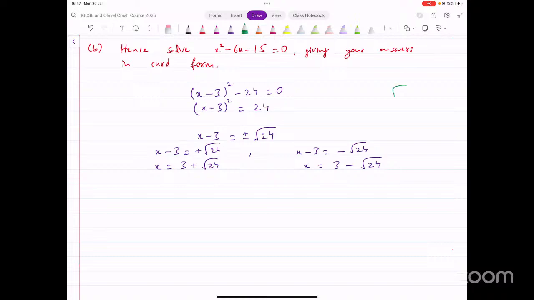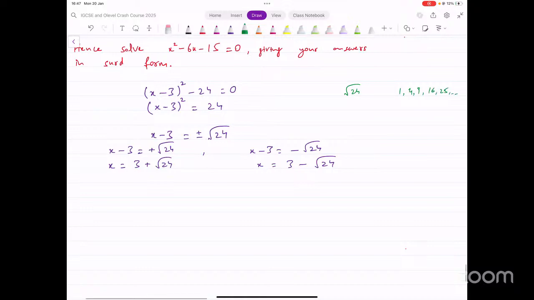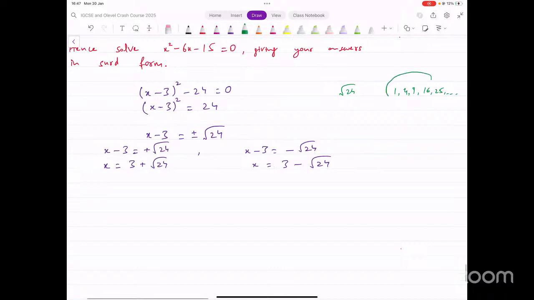Square root of 24, what you do is you think of all the perfect squares that you know. 1, 4, 9, 16, 25, and so on. What's the largest number that you see here that's a factor of 24? If there is any. In this case, 4 is a factor, right? So out of these squares, 4 is the largest number that we have that's a factor of 24.